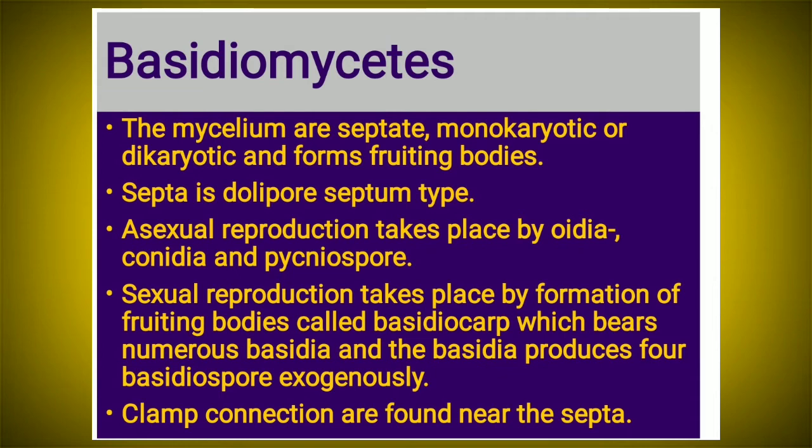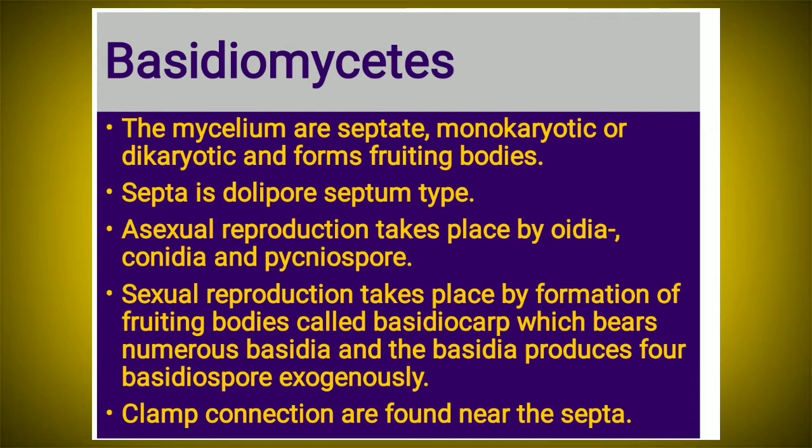Fruiting bodies means that they have spore forming structures in aggregate form, and these fruiting bodies are called basidiocarps because they are club shaped structures.